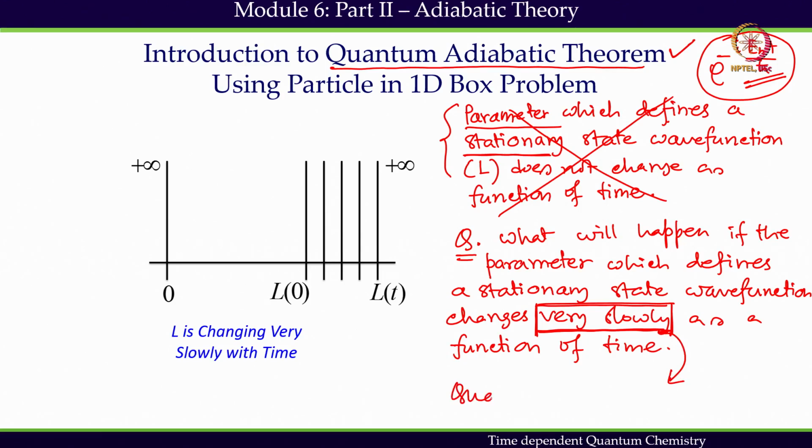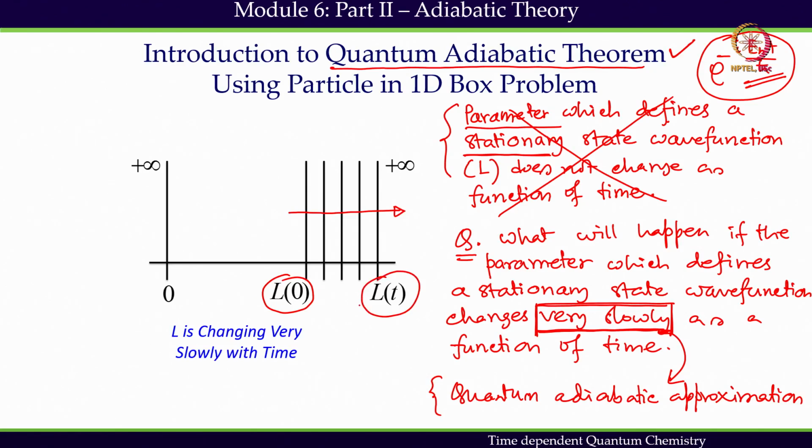This is called the quantum adiabatic approximation. Under this approximation, if we connect it to our example, we will say that at time t equals 0, the initial time, the length was L0 and it is slowly changing, expanding the box, and at the final time t.